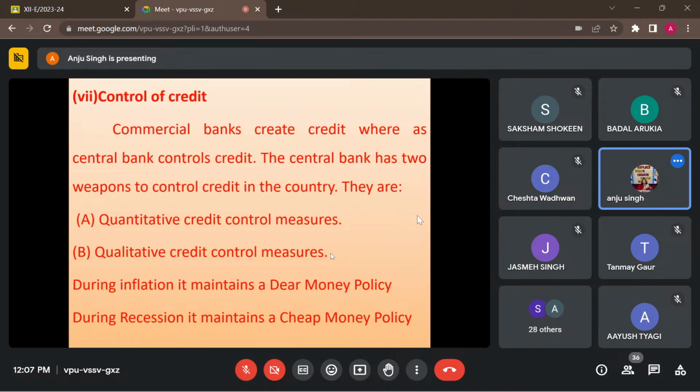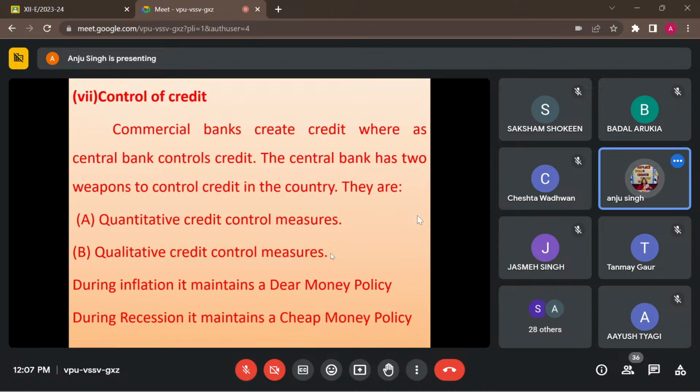Instead, it takes discretionary decisions based on the needs of different sectors of the economy.